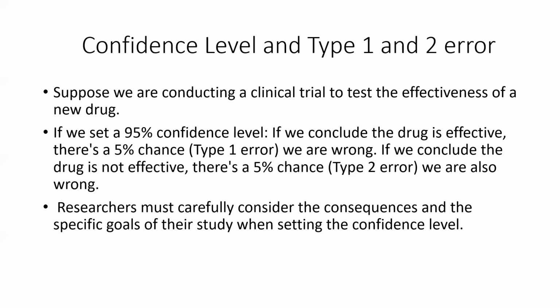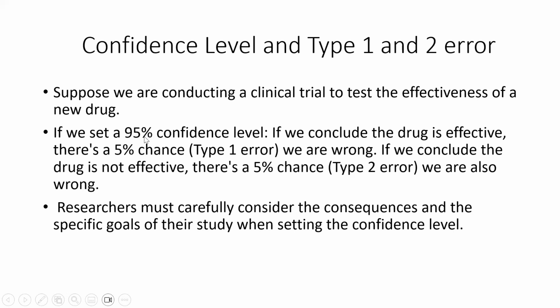If they conclude the drug is superior to another drug or to placebo, there is a 5 percent chance we are wrong. With a 95 percent confidence level, there is a 5 percent chance of error.